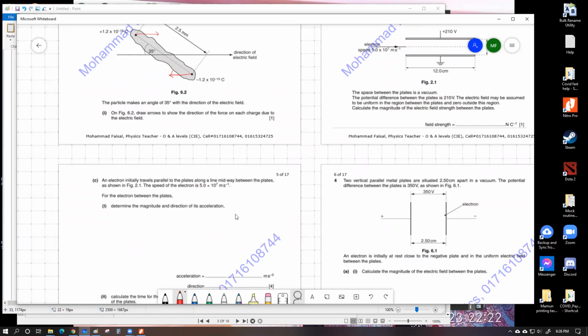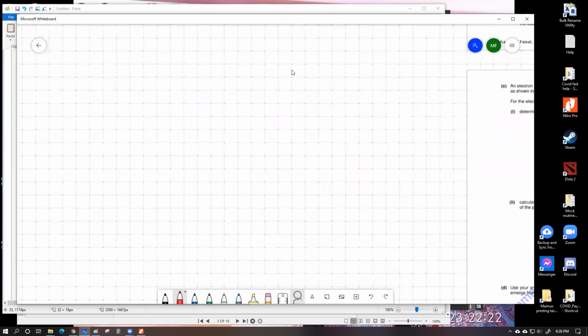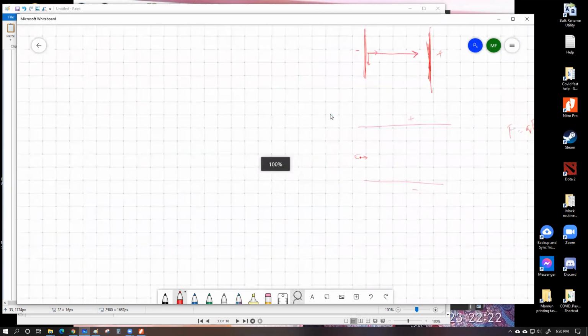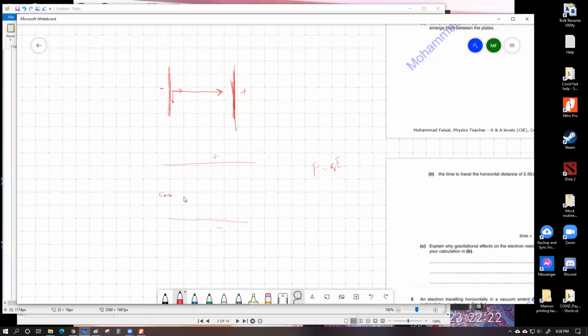The reason we do not consider the weight for situations like this, although the weight is actually parallel to the electric field direction. Let's say the charged particle is somewhere over here as it enters this point. Electric field is working upwards and the weight is working downwards.